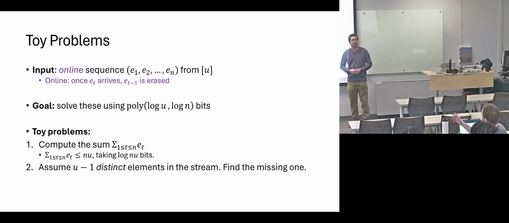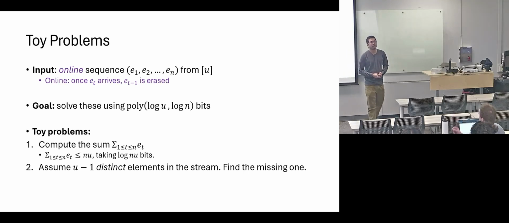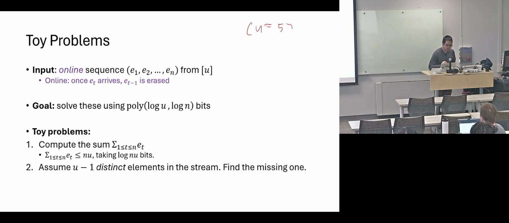For example, if U is 5, then the stream might be 4, 1, 5, 3, and in this case you need to return 2.